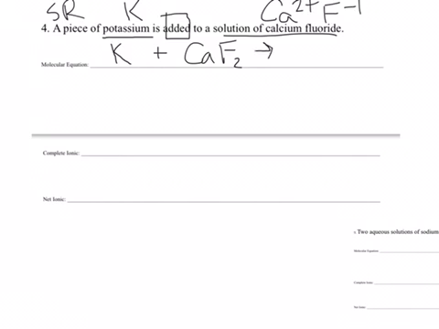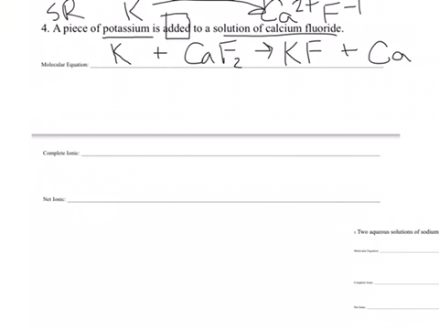So since this is single replacement, potassium is going to replace calcium, kick calcium out. So now potassium is going to be with fluoride. Potassium is +1, fluoride is -1, so it's a 1-to-1 ratio there. And calcium will be by itself. So that's the beginning. Now I have my reaction written.